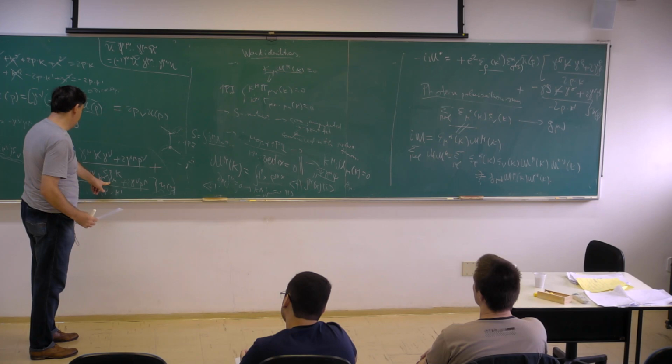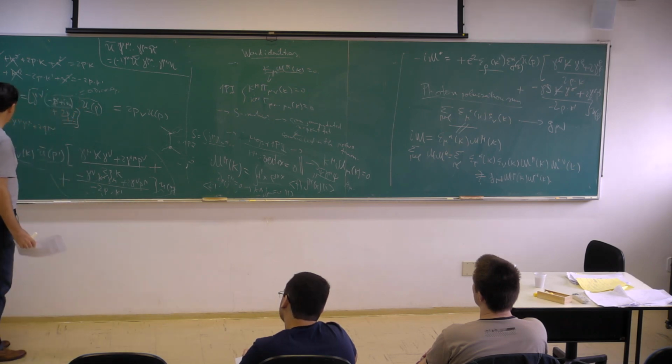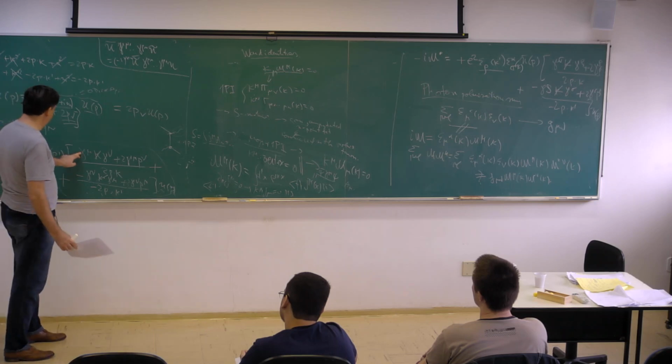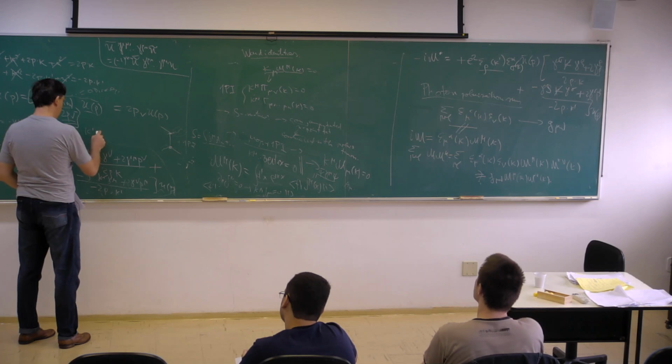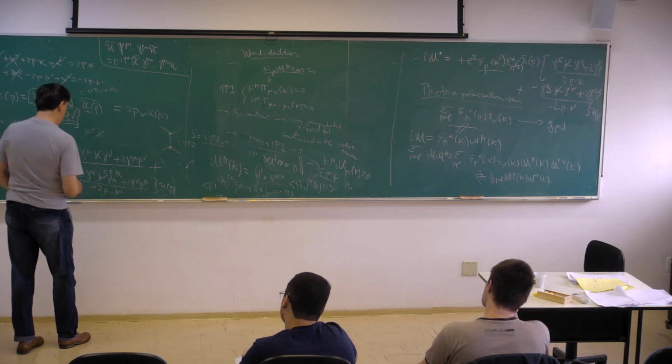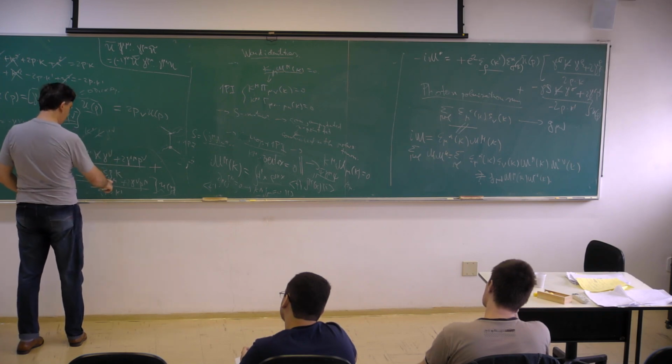And here also you'll get k'-slash. Oh no, sorry, this is k', so multiplying with k'^μ, I get k'-slash k-slash γ^ν.